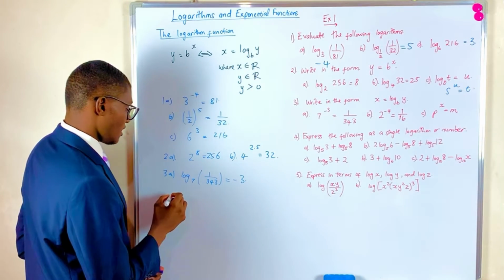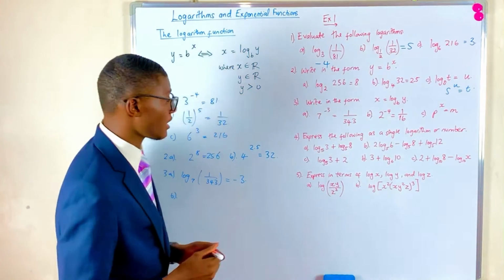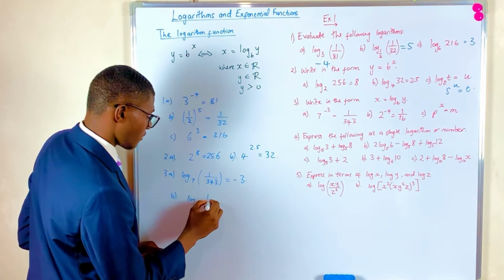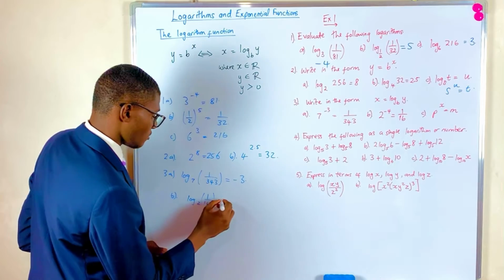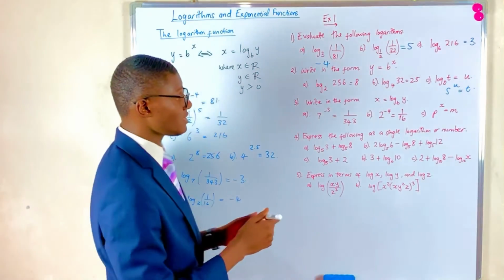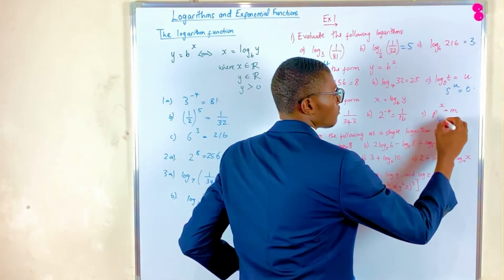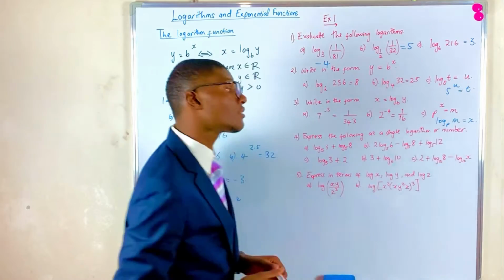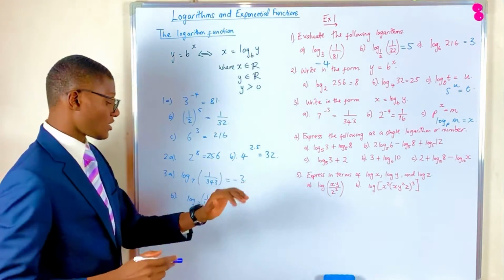And then for part b, log to base 2 of 1 over 16 should be equal to minus 4. And for part c, log to base p of m should give us x. That's how we express those.